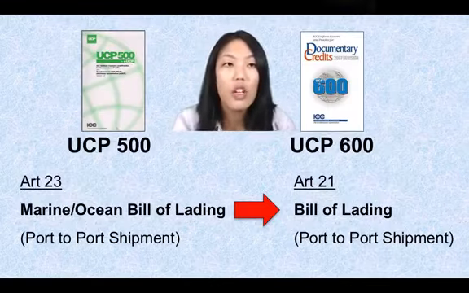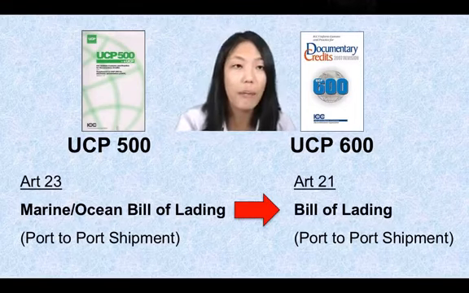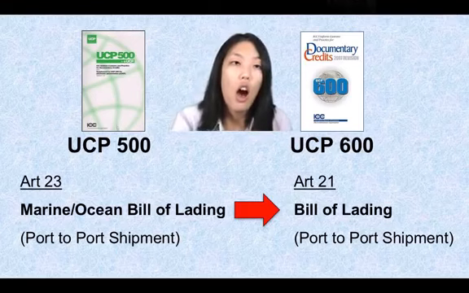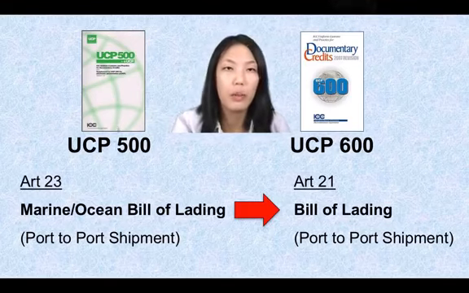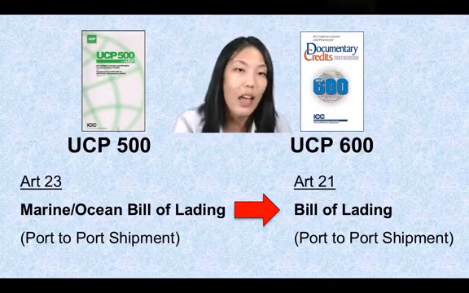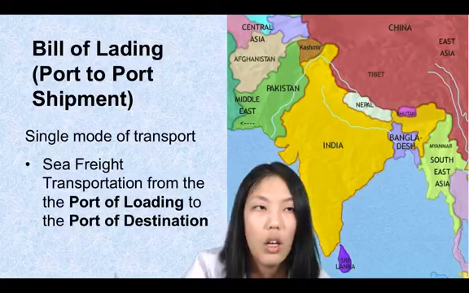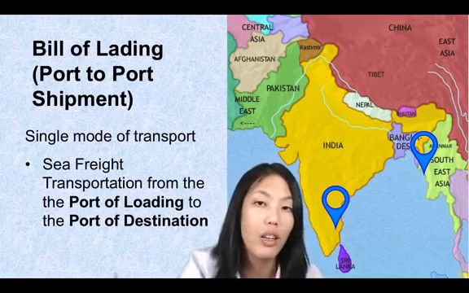In those days, they used to call the bill of lading marine bill of lading, also known as ocean bill of lading, whereby the carrier's responsibility begins at the port of loading and ends at the port of discharge. Now, if we look at this diagram, goods are transported from a port in Southeast Asia to a port in India.